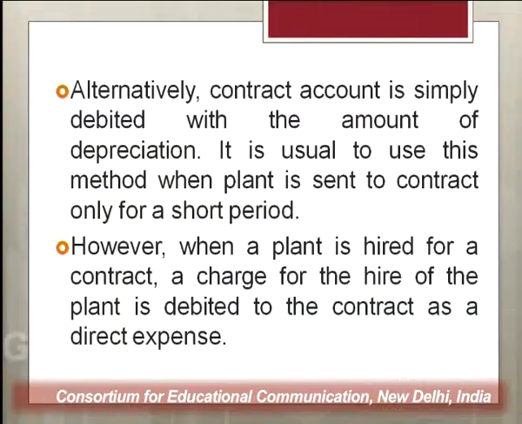Another angle can be, when the plant is hired for a contract, a charge for the hire of the plant is debited to the contract as a direct expense. Suppose I am a small contractor, I have undertaken a contract for the construction of a building, and the lintels are to be put, right. So at the time of putting the lintels, I have hired a mixer in which the concrete and the cement will be mixed.